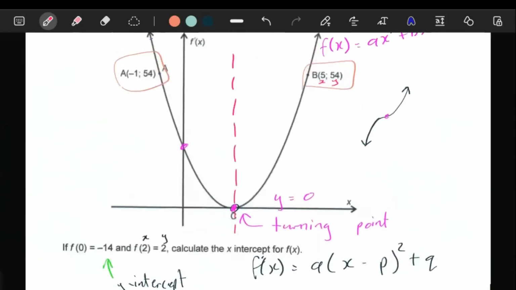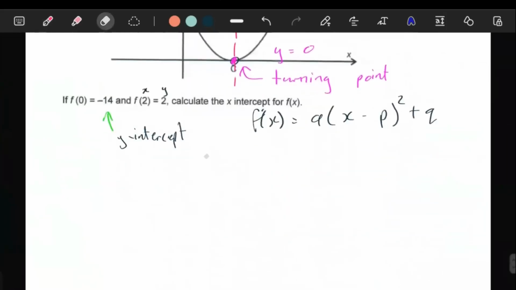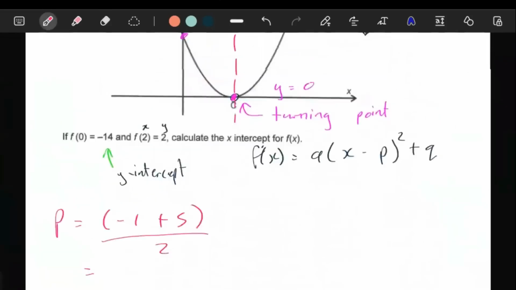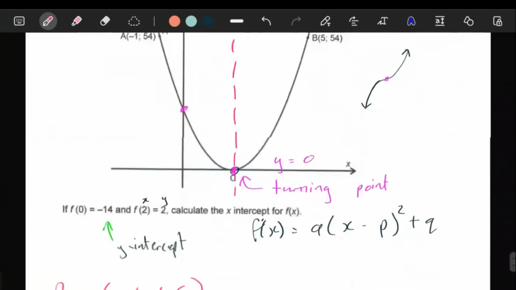We already have the y value of the turning point, it's 0. The x value of the turning point is going to be in between these two x values, -1 and +5. The value of p is going to be between -1 and 5, because a parabola is symmetrical.